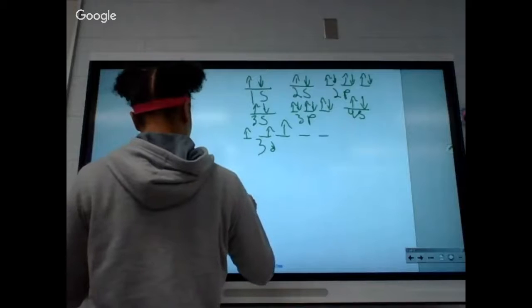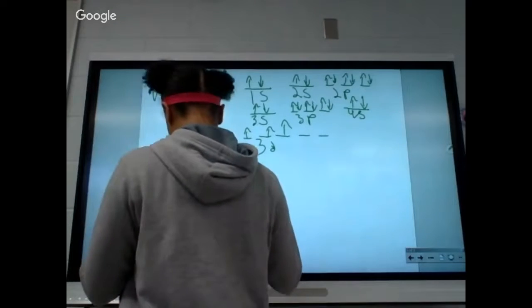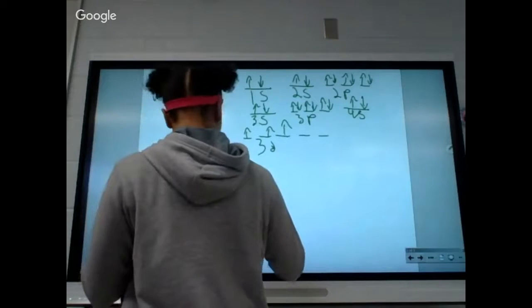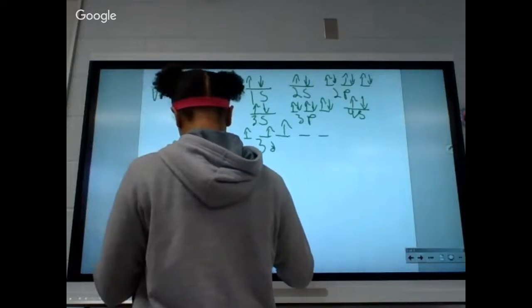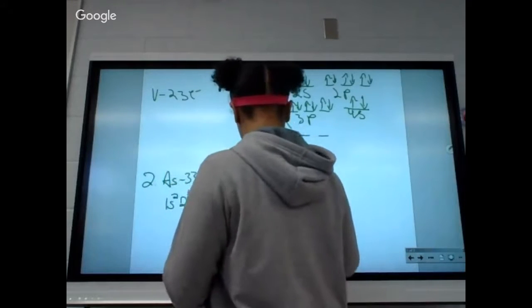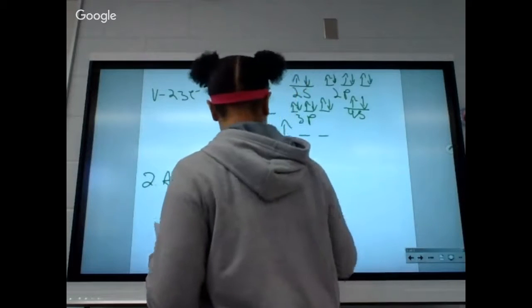What is arsenic? Arsenic. As. Wait a minute. What are you doing? Good electron configuration. So the orbital notation has arrows. The electron configuration does not.